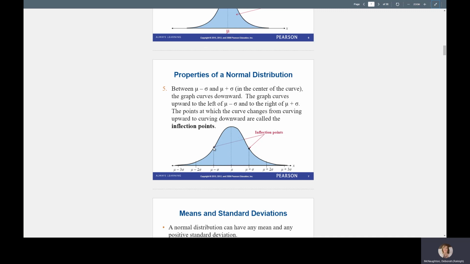And the way that I like to think about it is, imagine that this creates like a cup. Okay, so when I look between these two inflection points, the water will run off. And when I look outside these two inflection points, if I kept going and combining this like this, this would hold water.